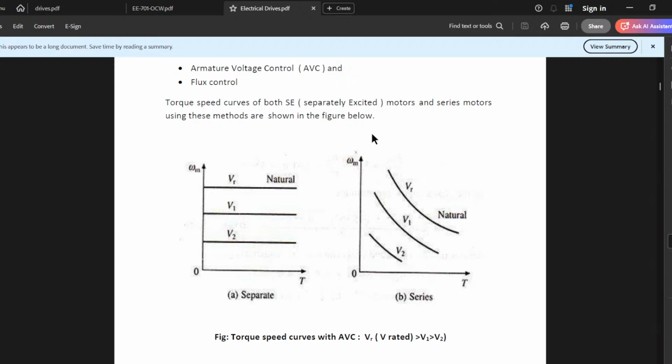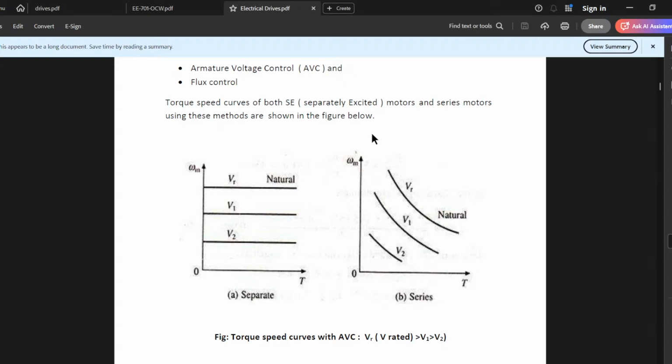Here in the separately excited, it was a kind of dropping line. The natural voltage, we have the rated voltage VR, then V1, V2. So V1 is greater than V2, and these both are less than VR.